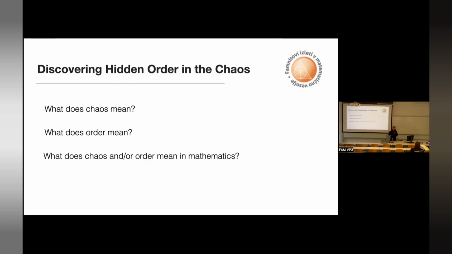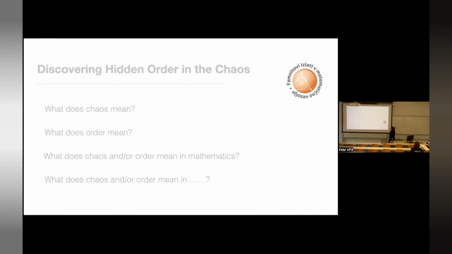And even if we just focus on mathematics, it depends on which area of mathematics you are asking. So I will try to give you a little bit of flavor of what order means in some structures. As I said, I will give you some examples.